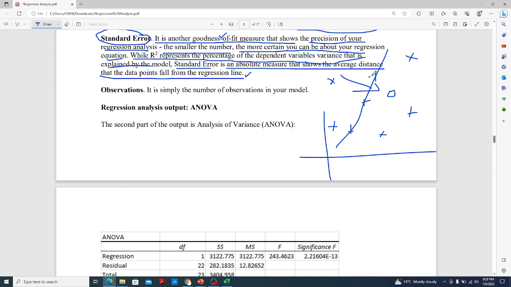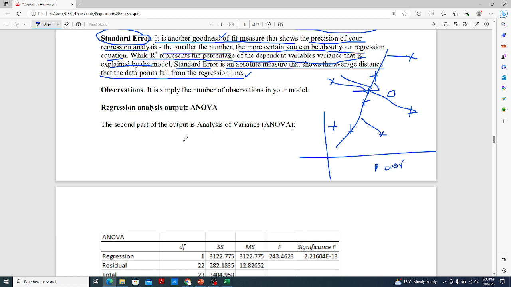So definitely the average distance for this model will be large. And from this kind of model, you can see that only a small percentage of our data points lie along the regression line, meaning this will be a very poor model.